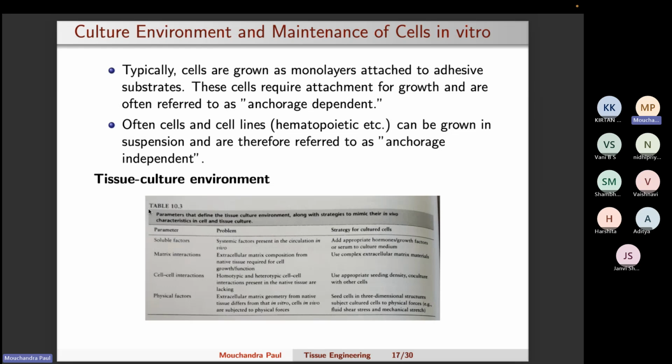Then only will you be able to say that whatever drug or tissue engineering medical product you are using is going to be suitable for in vivo application. So this logic makes sense to you all, right?